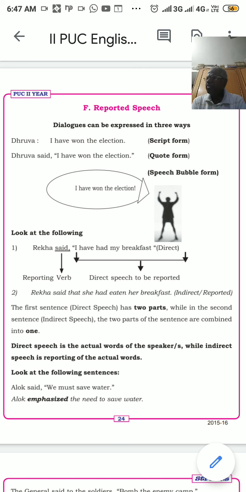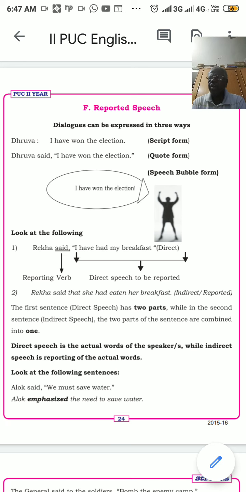Then, fifth one, words expressing nearness in time and place are changed into words expressing distance.